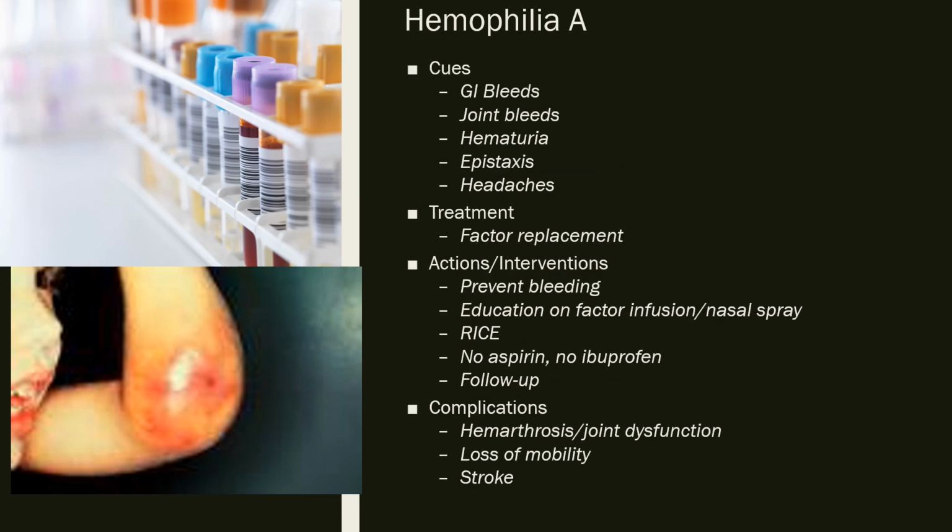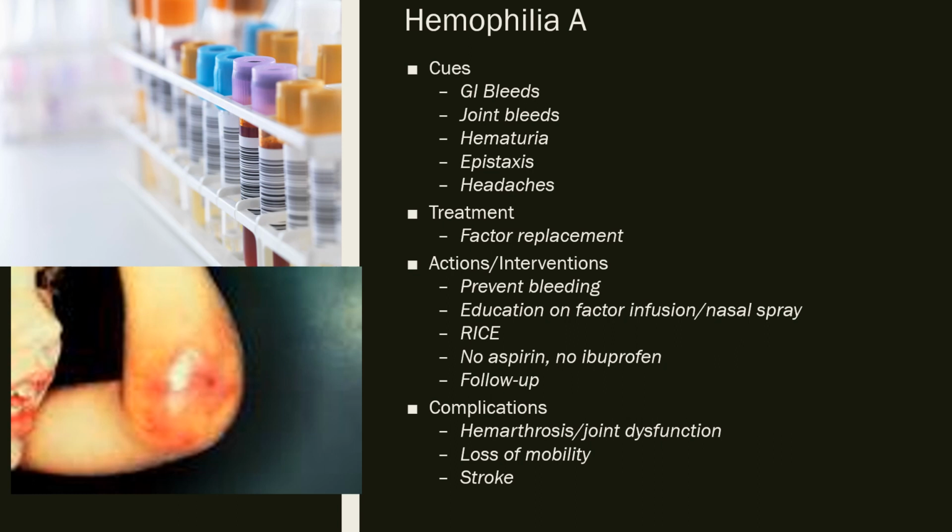Okay, these are the cues that we're going to see in a child with hemophilia A. They're going to have potentially GI bleeds, so we could see blood in the stool, we could see blood in the emesis, they could have abdominal pain from that, diarrhea because of the grody blood inside the intestines. They're going to have some malabsorption issues. We're also going to see joint bleeding.